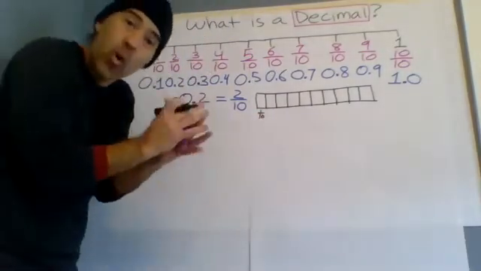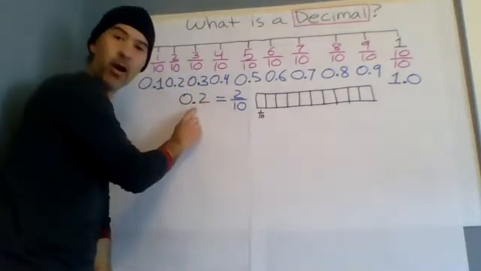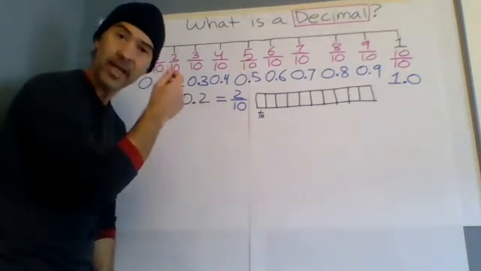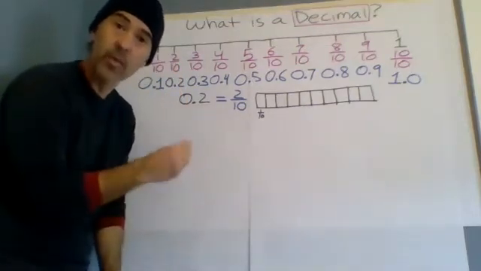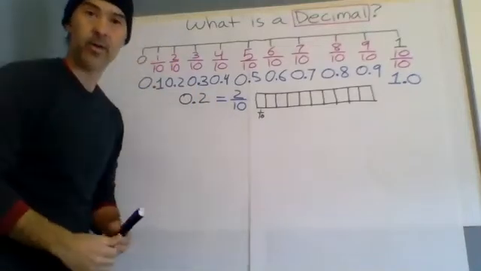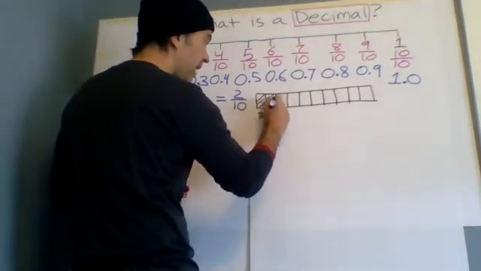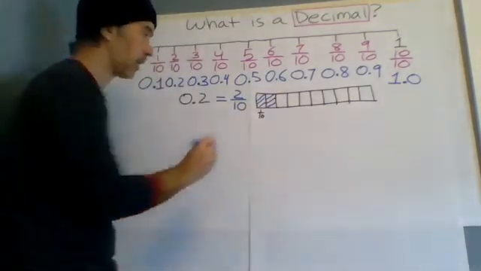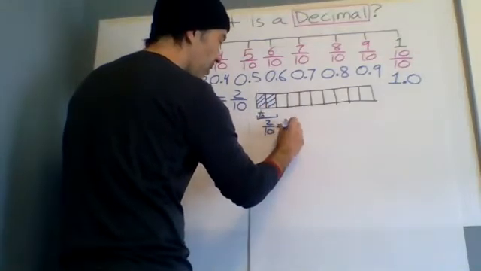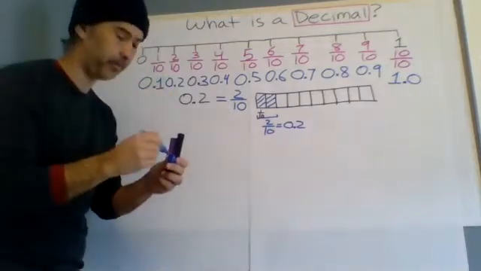Each part is 1/10 of the whole. How many parts am I using? I'm using 2/10 of my whole. So what I'm going to do is I'm going to shade in 2/10. This represents 2/10, but also 0.2.